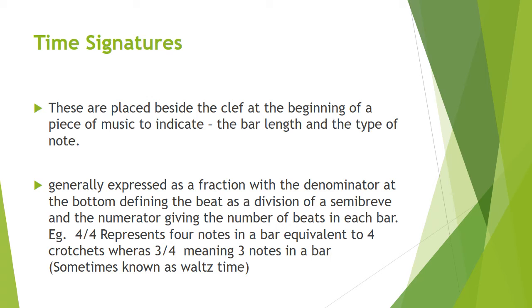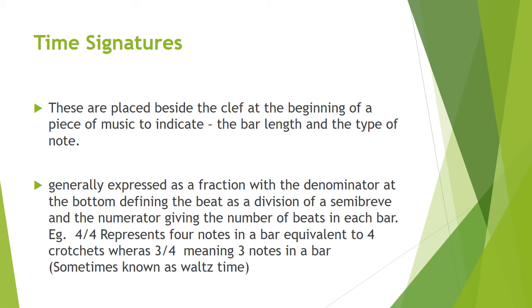A really good example: 4/4 represents 4 crotchets in 1 bar. Whereas in 3/4, we're still counting crotchets, but there are only going to be 3 of them in a bar.